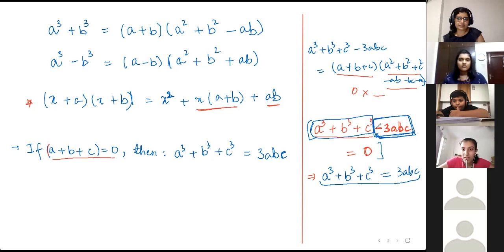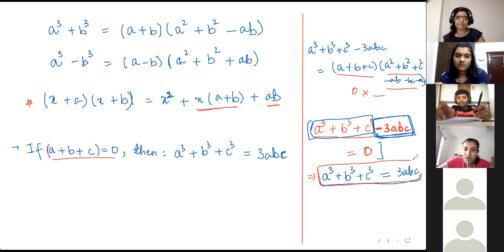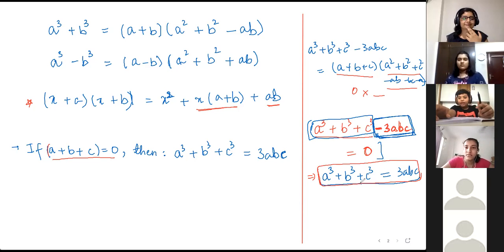Minus 3abc, from the LHS I took it to the RHS. That's all I did. Ma'am, so it would be a cube plus b cube plus c cube equals 3abc, right? Yes. So how do we get the values then?